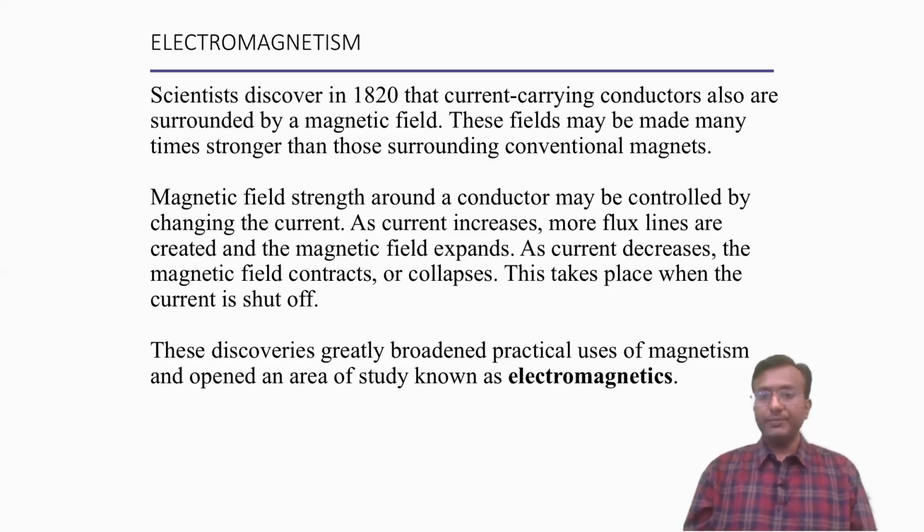So, the important concept for today's lecture is electromagnetism. In 1820, scientists discovered that a current carrying conductor is surrounded by a magnetic field. This field can be made much stronger than those of conventional magnets. The strength of the magnetic field around a conductor can be controlled by changing the current.